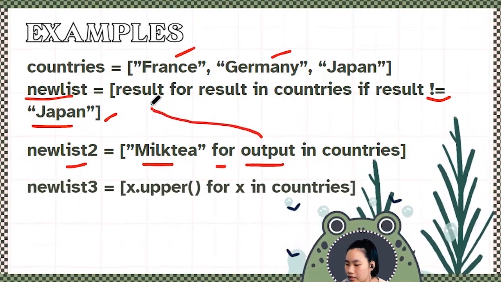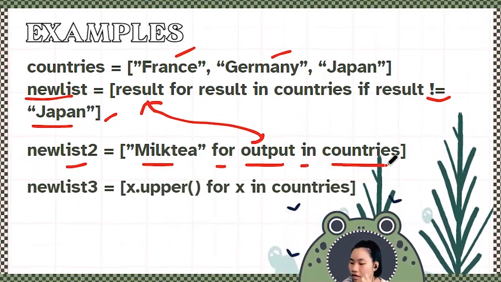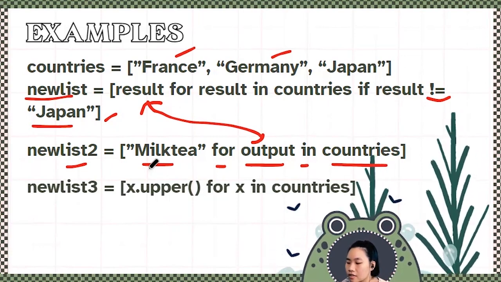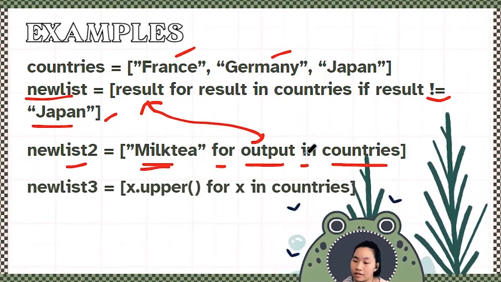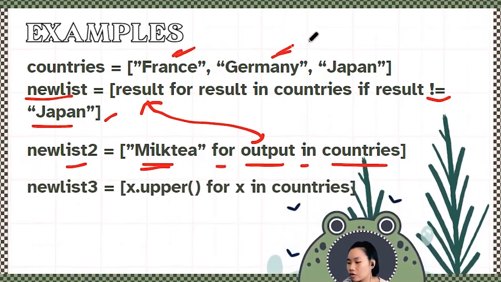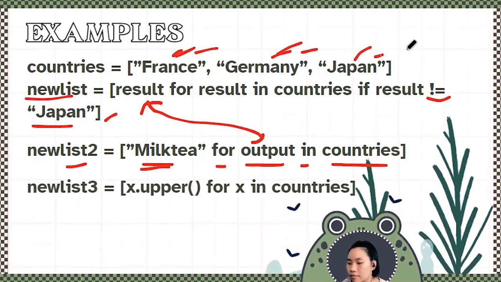Once again, output is the same as result, which is also the same as x in countries. What this does is that it replaces all of the values within the list with whatever you write here. In this case it is milk tea. So instead of having France, Germany, and Japan, you would just have milk tea, milk tea, and milk tea.